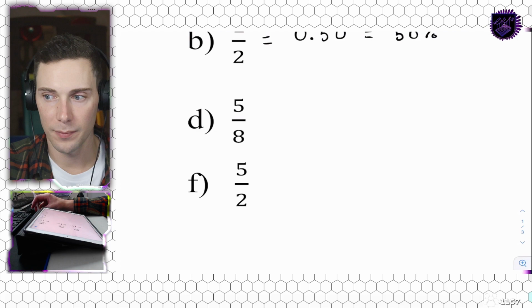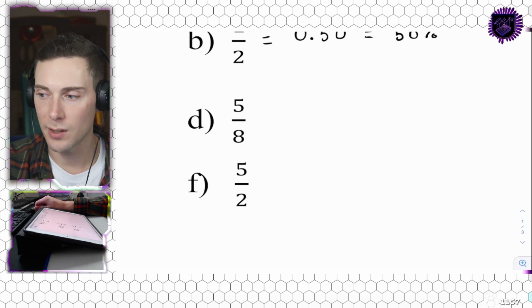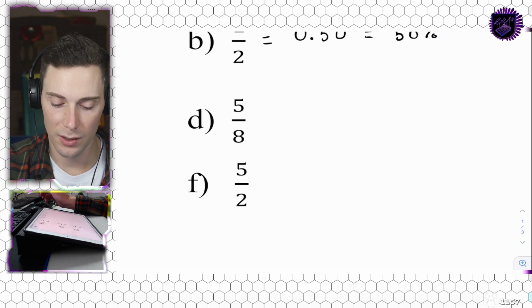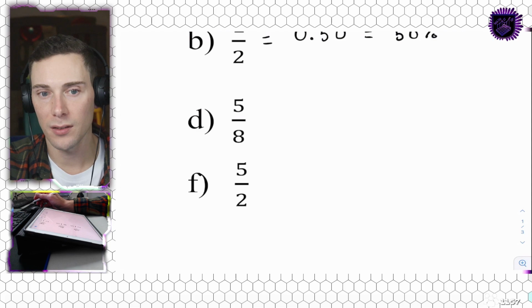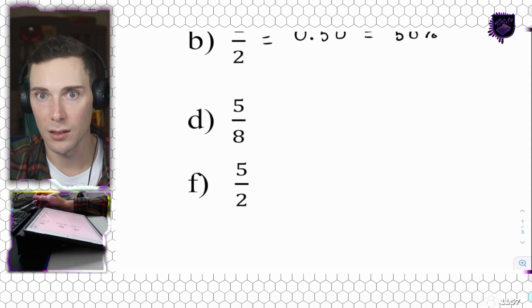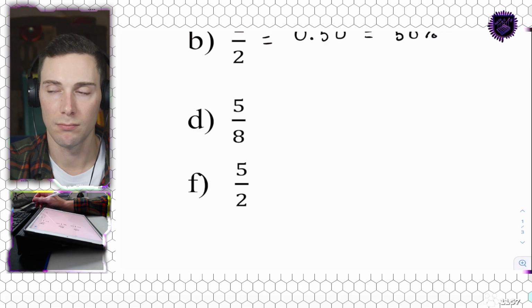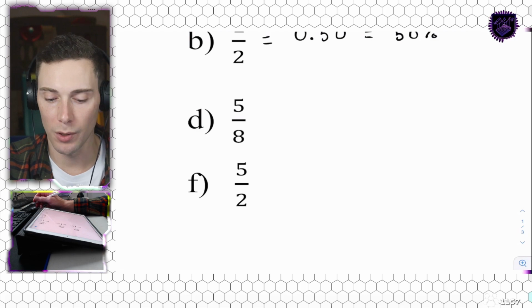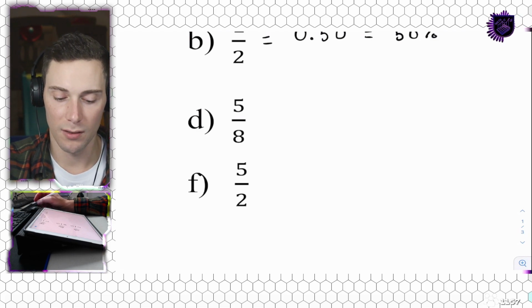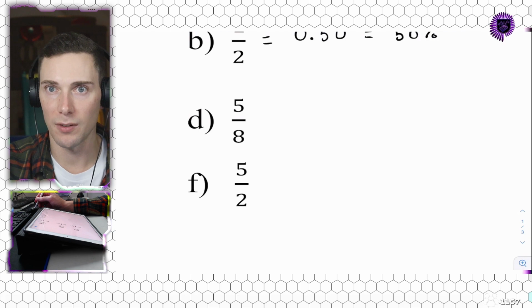0.675. But if you don't know that offhand, if you don't know how to get there mentally, just use a calculator. Type in 5 divided by 8, and it's going to take you there, and then work from there. Don't worry about long division right now. You just want to understand that 5 divided by 8 is what 5/8 means. And to get to the decimal form of 5/8, you just divide.